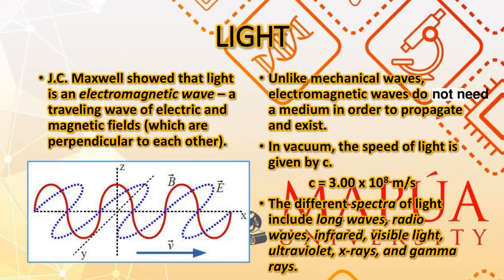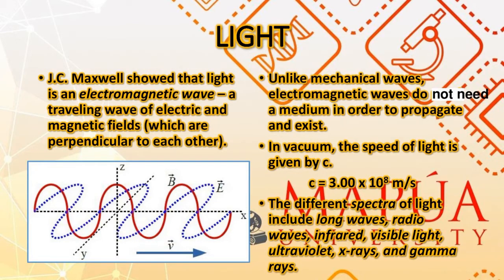Electromagnetic waves have been covered to a certain extent when we talked about temperature and heat, particularly thermal radiation, which is the heat transfer via the motion of electromagnetic waves.